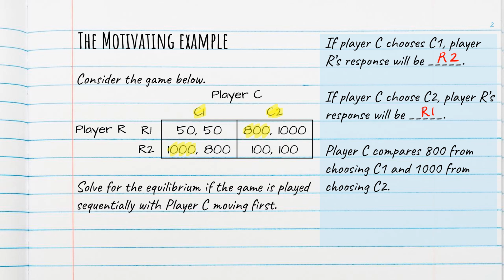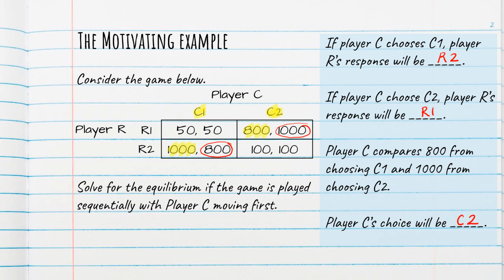They can either get 800 if they choose C1, or they can get 1,000 if they choose C2. So I conceptualize what's going to happen, how the follower is going to respond, and build that into player C's decision. Clearly, 1,000 is better than 800. So player C's choice will be C2.